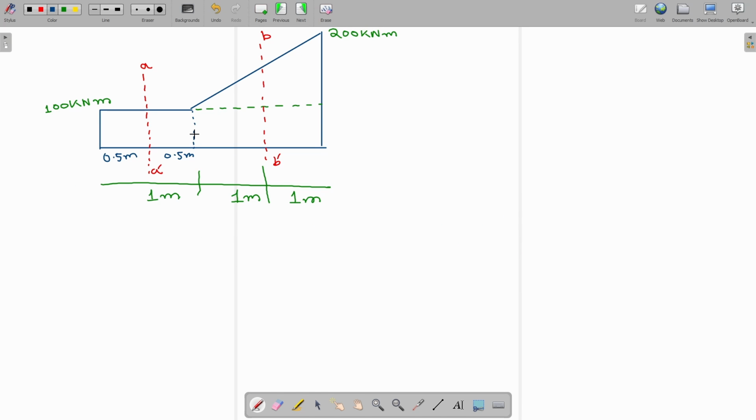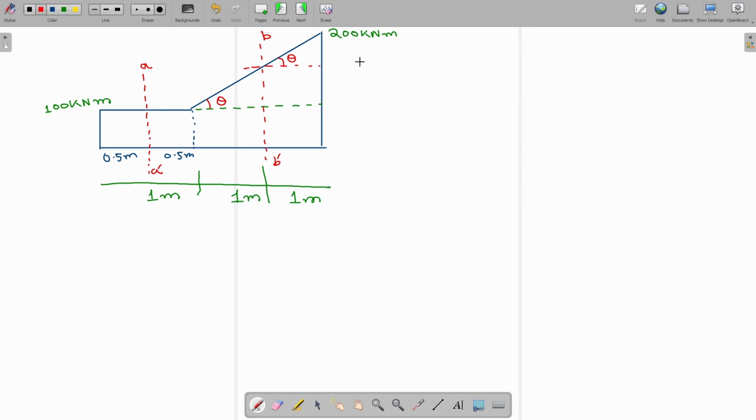Now what we are going to do is find the slope of the section. Say for example at section BB dash, this is the slope, theta. Therefore, this is also theta.